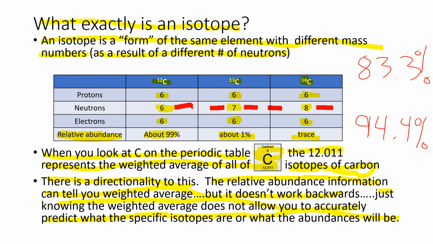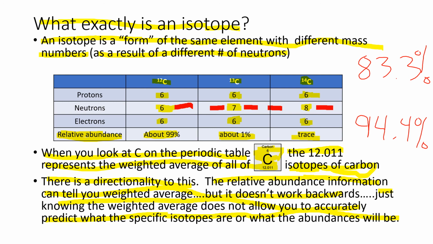No, they probably went about it in slightly different ways. That's that directionality piece. Just knowing the final average doesn't tell you what the actual pieces were. But if you know all of the pieces, you could determine that final average. If you had all the quiz, exam, paper, project scores, you could figure out that final average, but you can't work backwards.